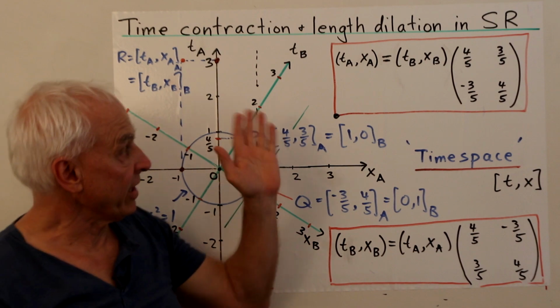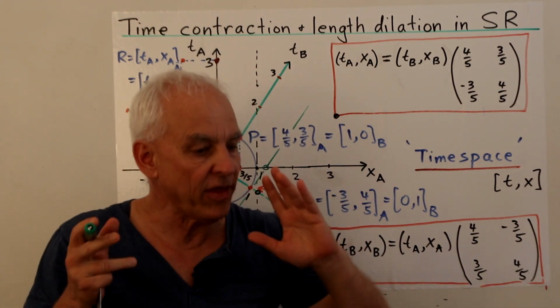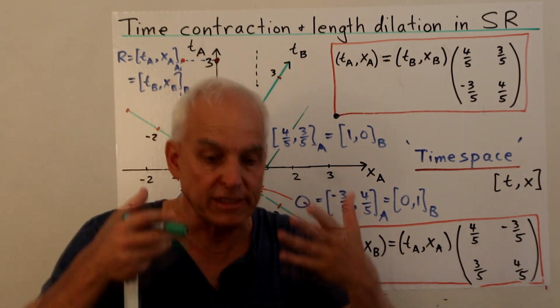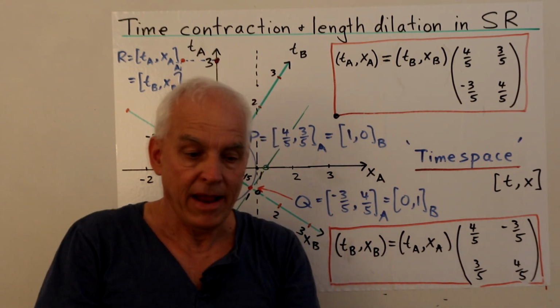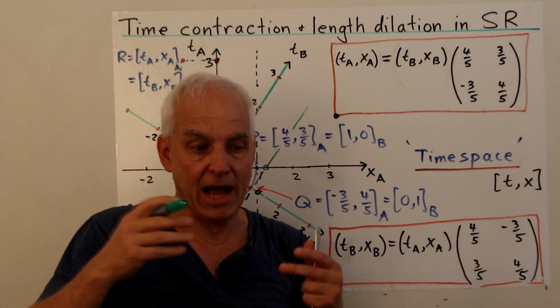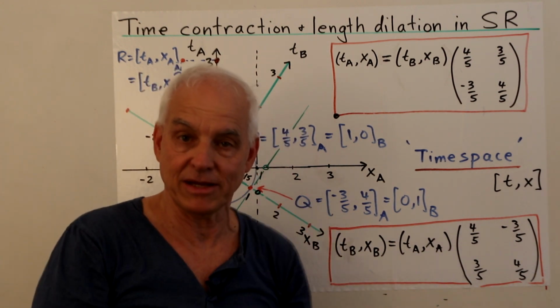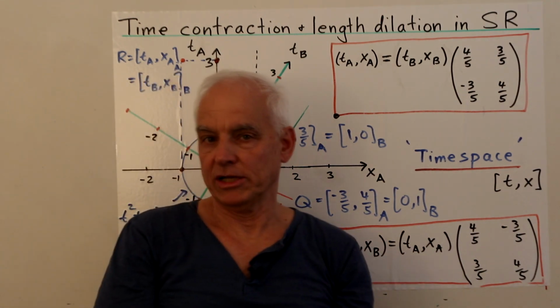Time contraction and length dilation are purely, there's nothing magical, there's nothing mysterious. It's just a consequence of having two different reference frames in the plane and comparing how one measurement system looks like in the other person's measurement system. Now you would say, well, what about the usual special relativity?